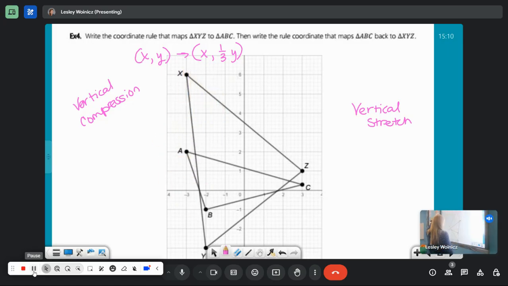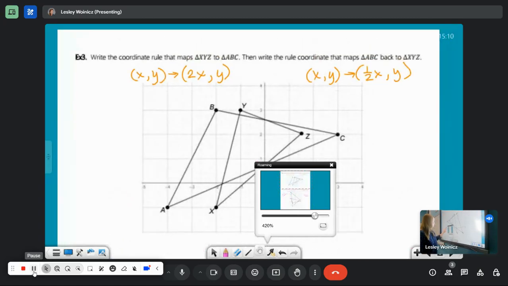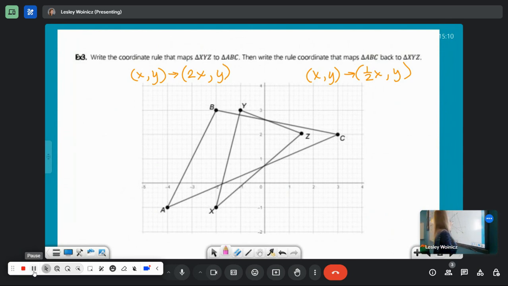All right, I kind of gave this one away, but we can still write it. (x, y) maps to (2x, y). What I didn't write down on these two, it didn't tell me to, but I probably should write it down if this is going to be like my textbook. This was a horizontal stretch.